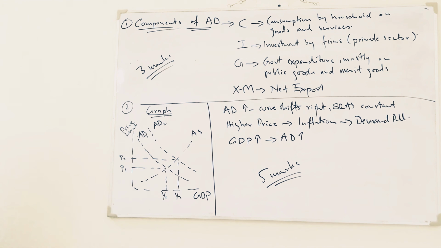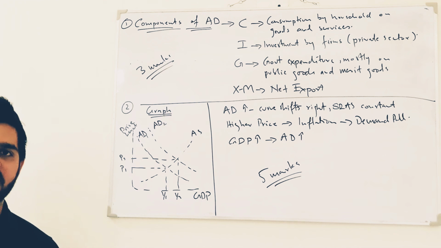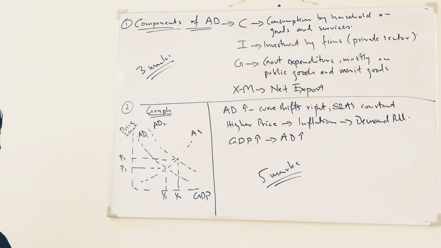What will happen if the demand is going to increase, or the overall spending in an economy increases due to any factor? For example, the government decides to spend a very hefty budget on public goods. They will make infrastructure, highways, motorways, so of course they will increase the demand. So the overall aggregate demand of an economy will increase.